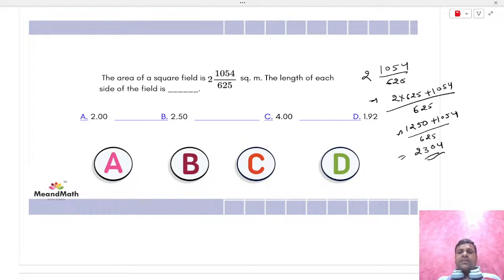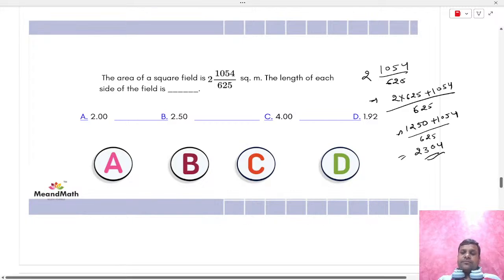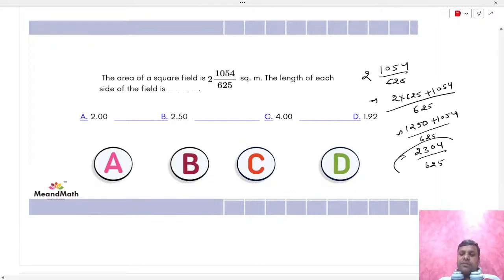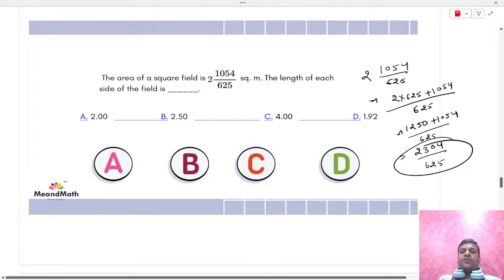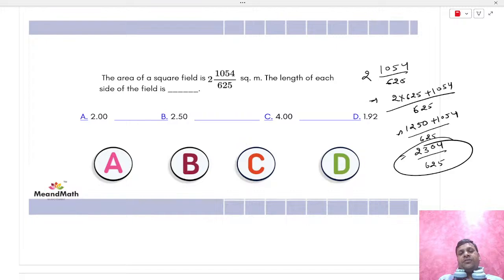It means you have to find the square root of 2304 upon 625. Again, this comes to your mind: this is not in decimal format or normal format, so how can you find it? This is the important part, the major part of this question which we have to solve.